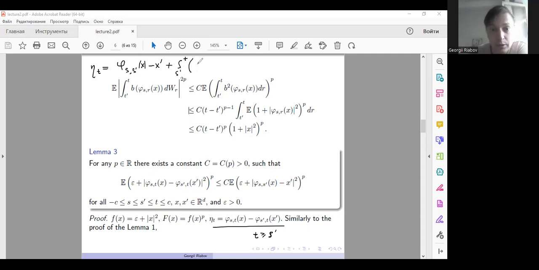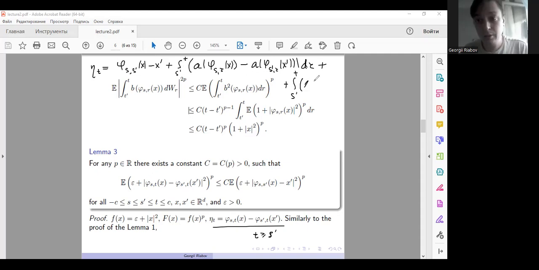The process phi of x will give us a of phi s,r of x, and the process phi of x prime will give us a of phi s prime,r of x prime, and this is dr. Okay, and also we will have the stochastic integral, which is the integral from s prime to t of b of phi r of x minus b of phi s prime,r of x prime. And this is dWr.